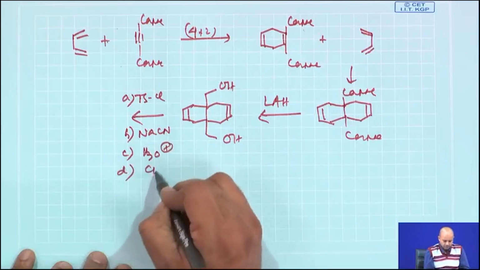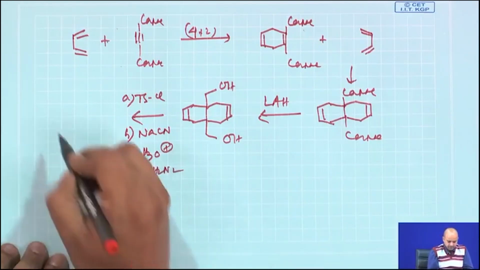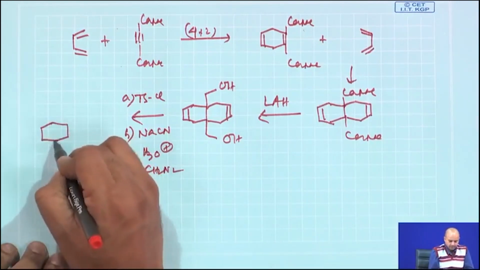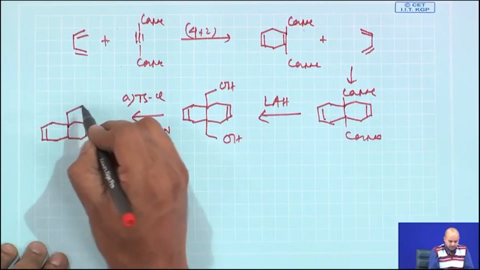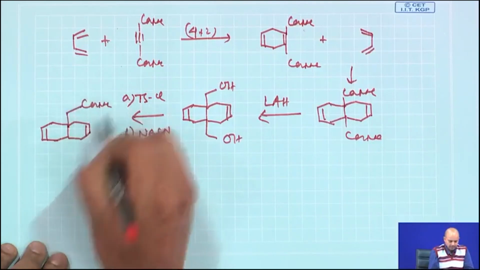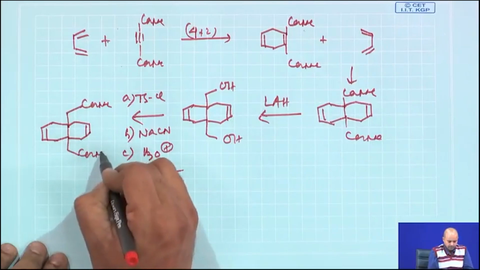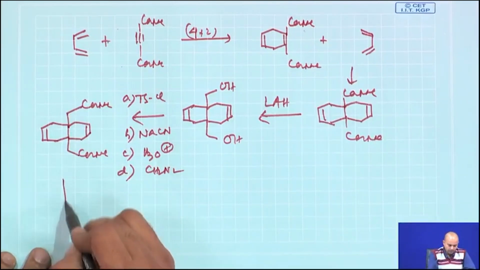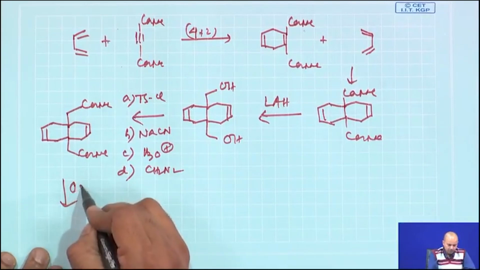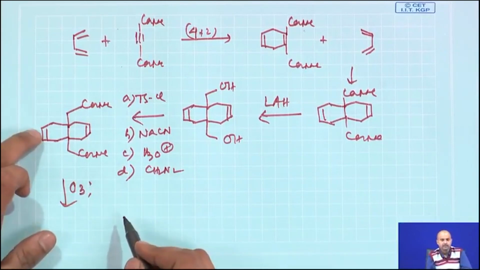So, basically you do the diazomethane, that basically gives you the compound with CH2CO2Me, CH2CO2Me. Now, here what do you do? You next do the ozonolysis, that will give you the aldehyde here.